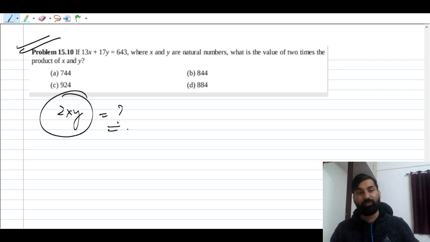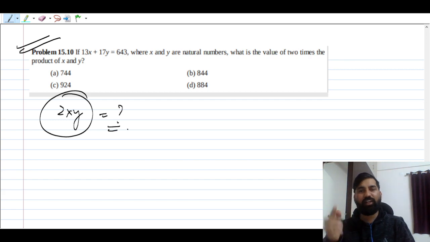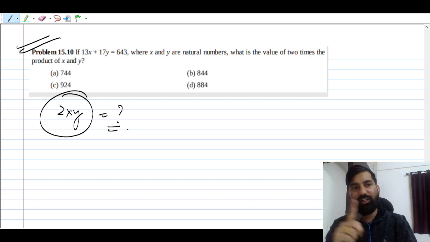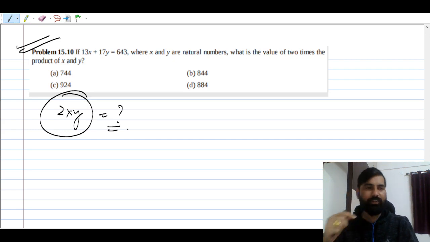Which option is correct in this question? It's a very good question, you can say. And now we need to choose some values of x and y, okay. So can you think about it, what values are x and y, because one equation is given, 2 variables are there, and these x and y are natural numbers, so make sure that you take positive values only, don't take 0 also.